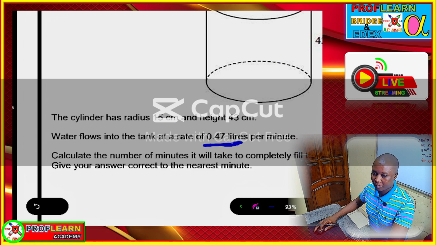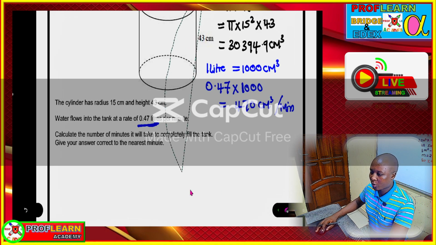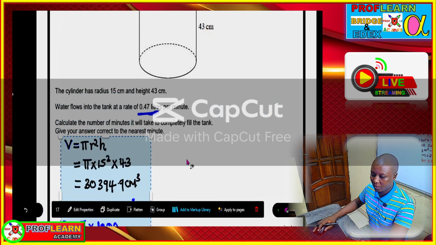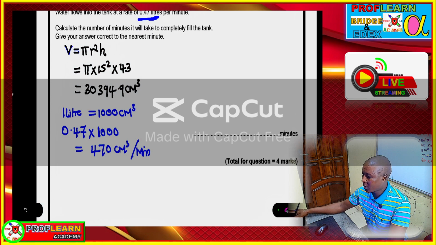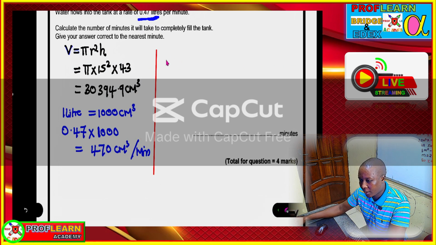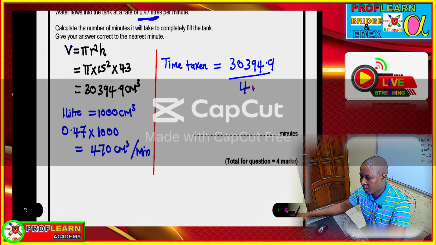Now I need to move this down here so that we can proceed. Now once we have gotten that, we can find the time taken. Time taken is going to be equal to 30394.9 divided by 470.